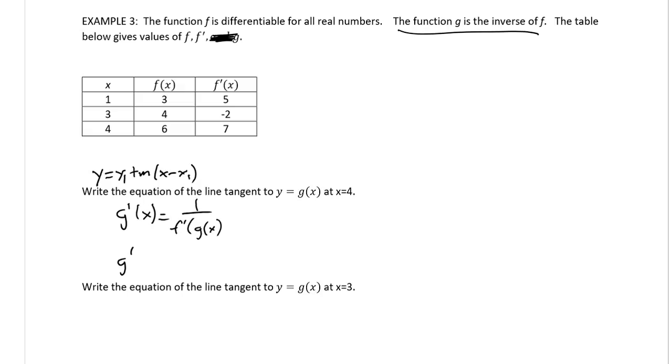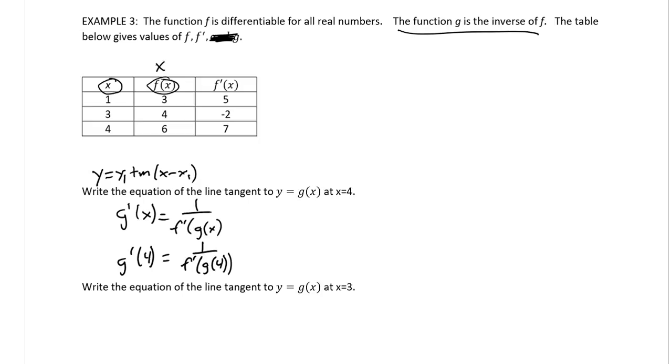Okay. So we need g of 4 again, but this time we don't have an equation that we can use to help us find it. However, we know that g is the inverse of f. So if we switch x and y, since this is x and f of x, if we switch x and y, these would become x, and this would be f inverse of x, which we know is g of x.